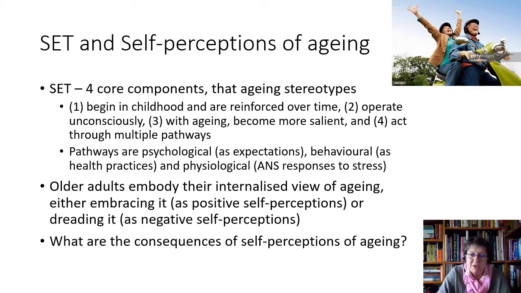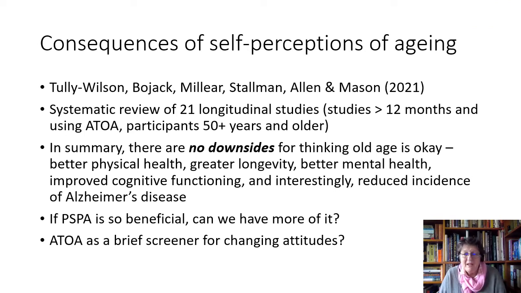So what are the consequences of this? And yes, this is my article. Two of my students, Colleen Tully-Wilson and Richard Bojack, along with my academic colleagues, we did a systematic review of self-perceptions of aging. So that included 21 studies, longitudinal studies that lasted more than 12 months.